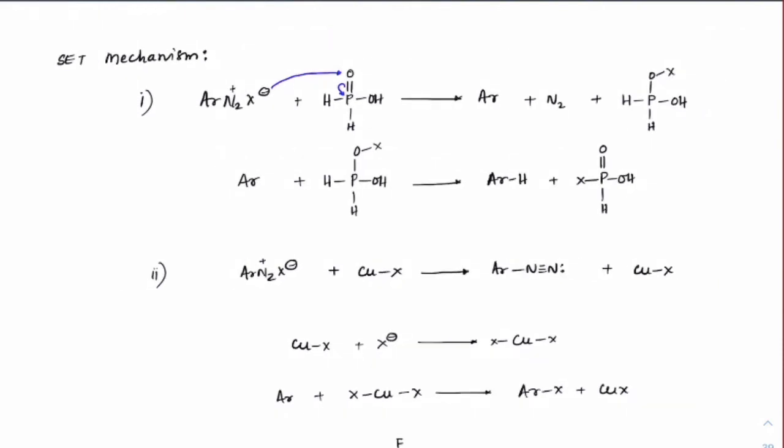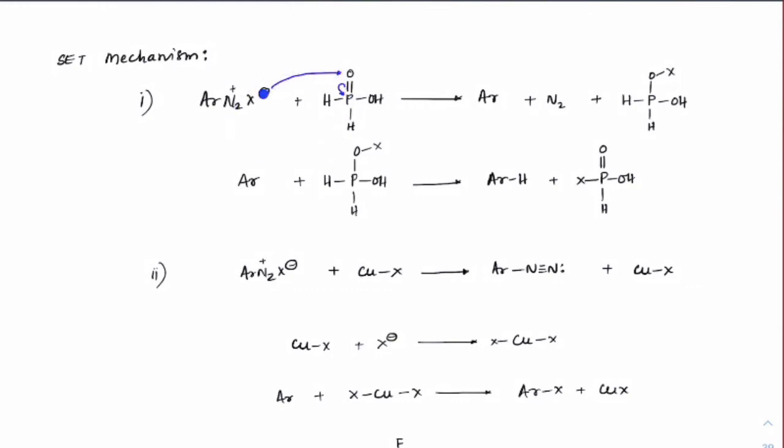But how is this X minus attacking oxygen directly instead of phosphorus? Well, it can attack phosphorus also, but in diazonium chloride, it has been seen they happen in a very closed network, which means they are not far away molecules. They would be very close, as if a concerted step is happening.